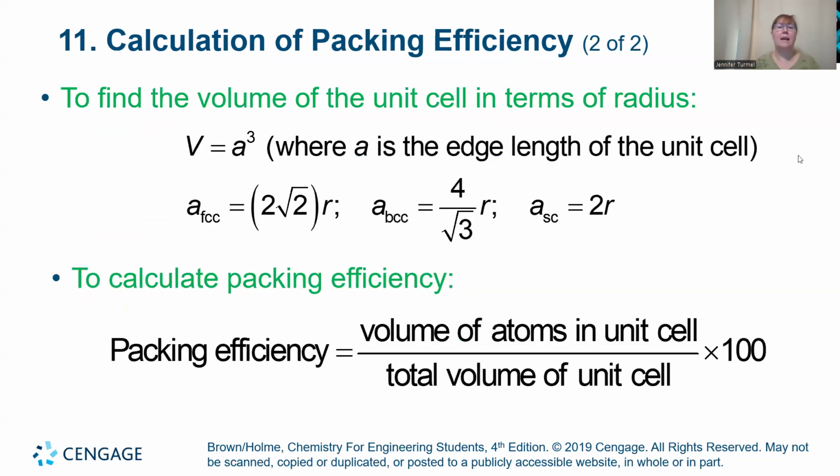All right, let's take a look at slide 11. So just to remember, we have our volumes from the last chapter. As a little reminder, the volume of our atoms is equal to the number of atoms times 4/3 pi r cubed, where r is the atomic radius.